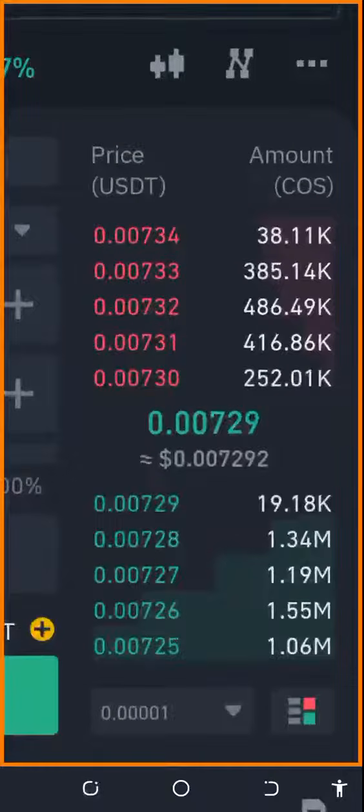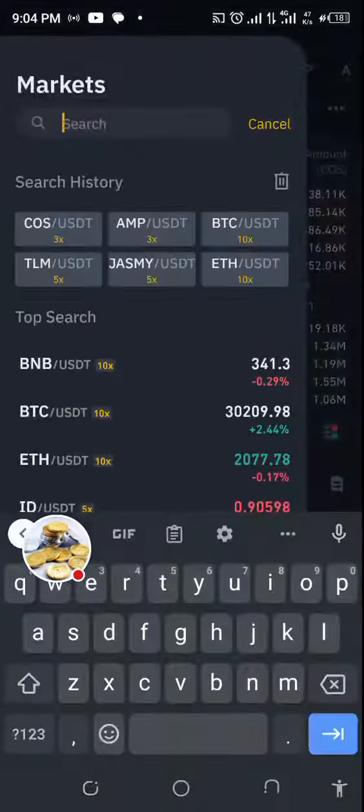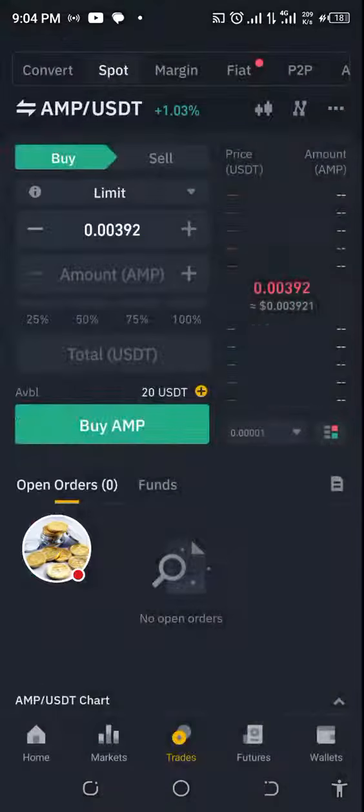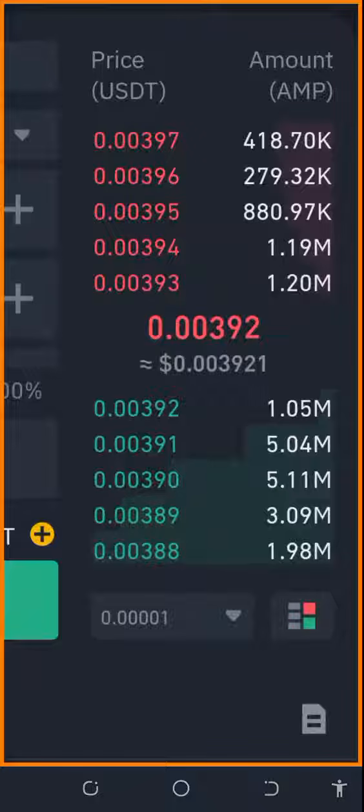I'm going to show you, just look at the order book. It's just like a ghost town. I can't even see a twitch. Not even a single movement. What is this? Let me go back to AMP USDT for you to see the difference. At least you'll find some movement, except maybe my internet is deceiving me.